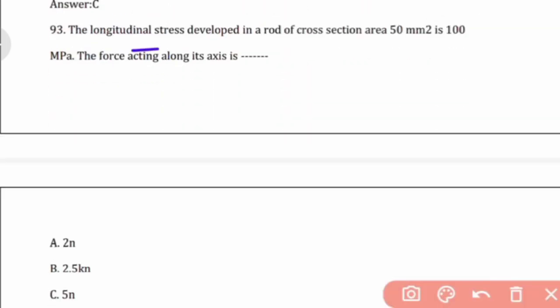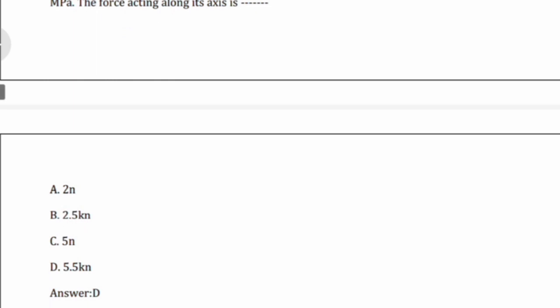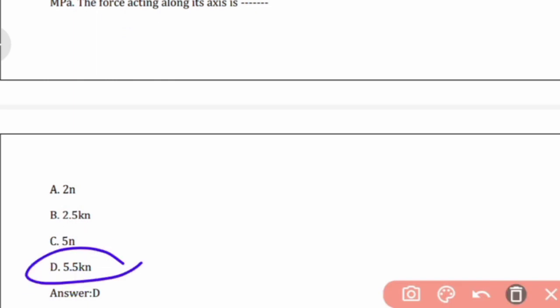The longitudinal stress developed in a rod of cross section area 500 mm² is 100 MPa. The force acting along its axis is option D, 5.5 kN.